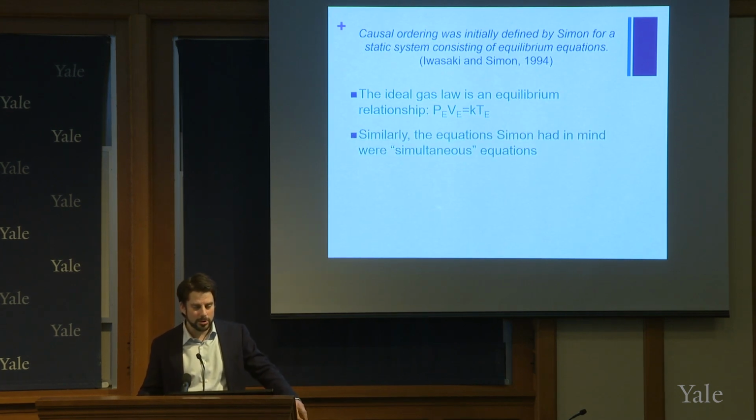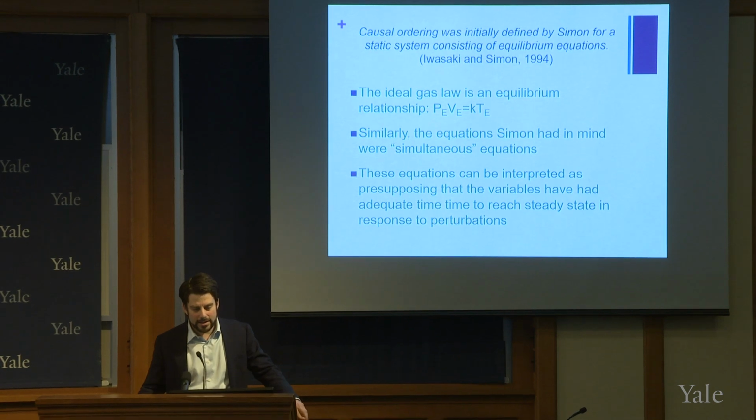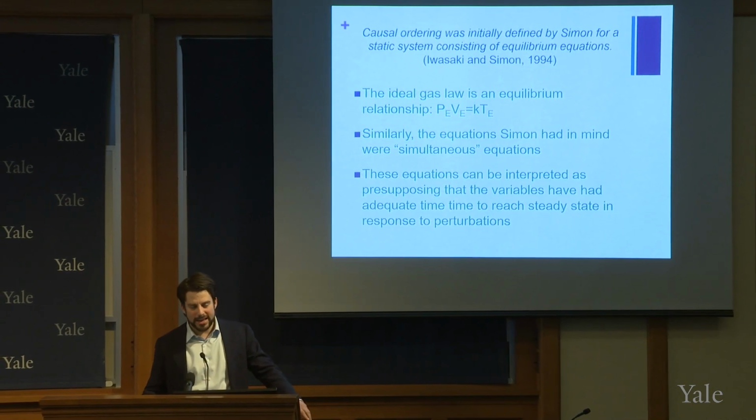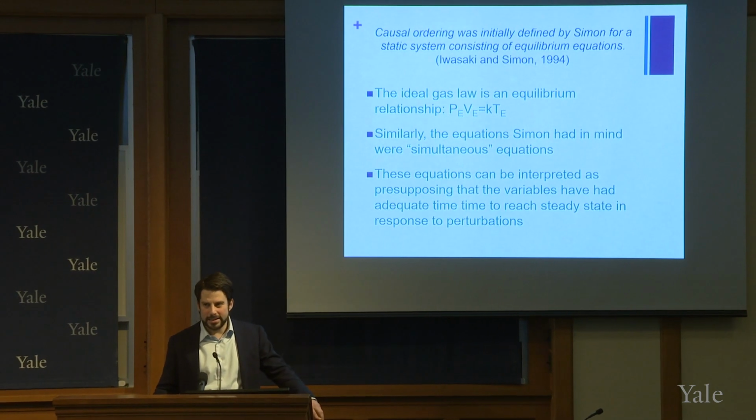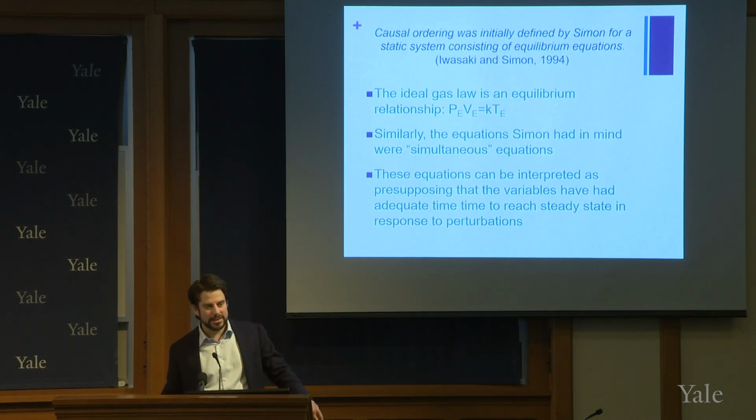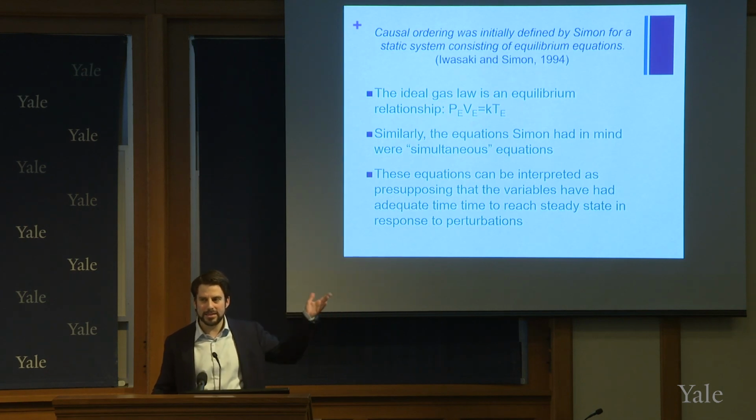Also, historically, Simon was dealing often with the simultaneous equations tradition from econometrics. And you might wonder, how can you have simultaneous equations if causation is not simultaneous? The way I'd suggest we think about them is not that there has to be simultaneous causation, just that we're considering the system at a time scale at which the variables have had sufficient time to respond to any perturbations and reach steady state.